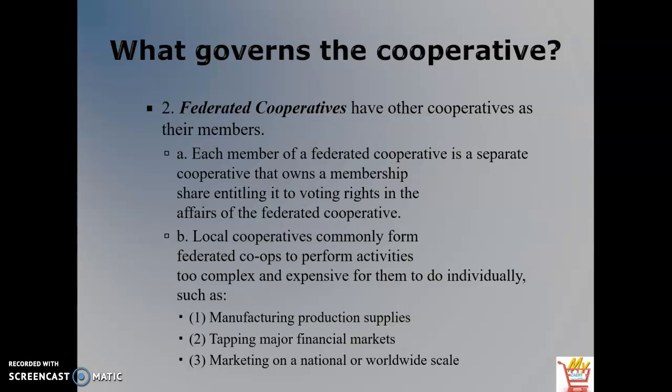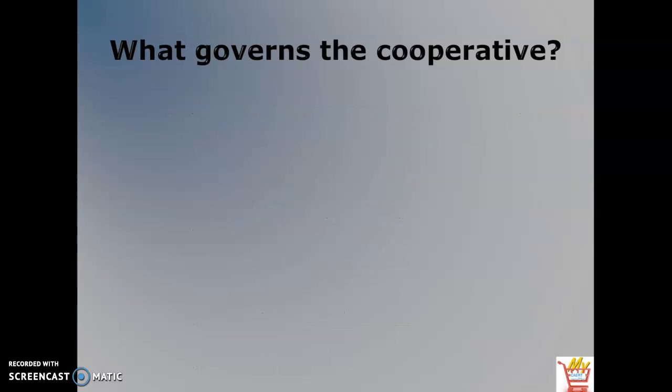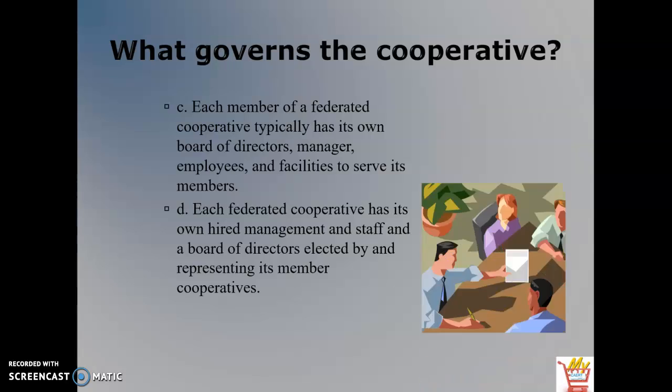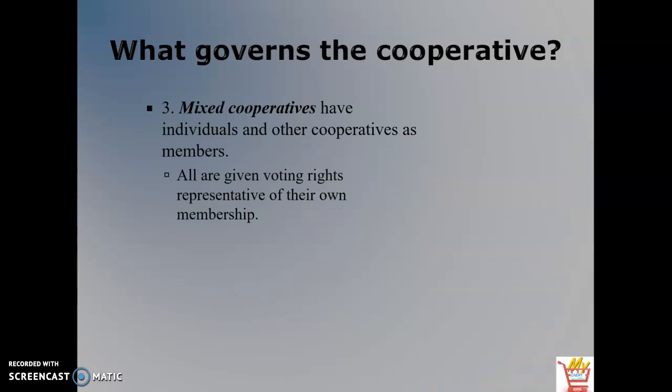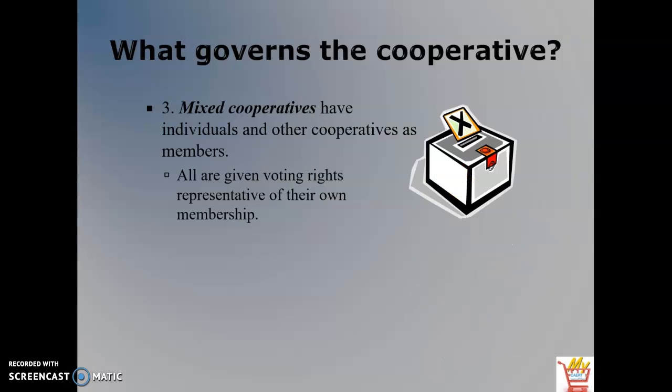So those are those two. And then a mixed cooperative is basically a cooperative that takes on the characteristics of the other two. It's partially centralized, partially federated. It's kind of a mix of both.